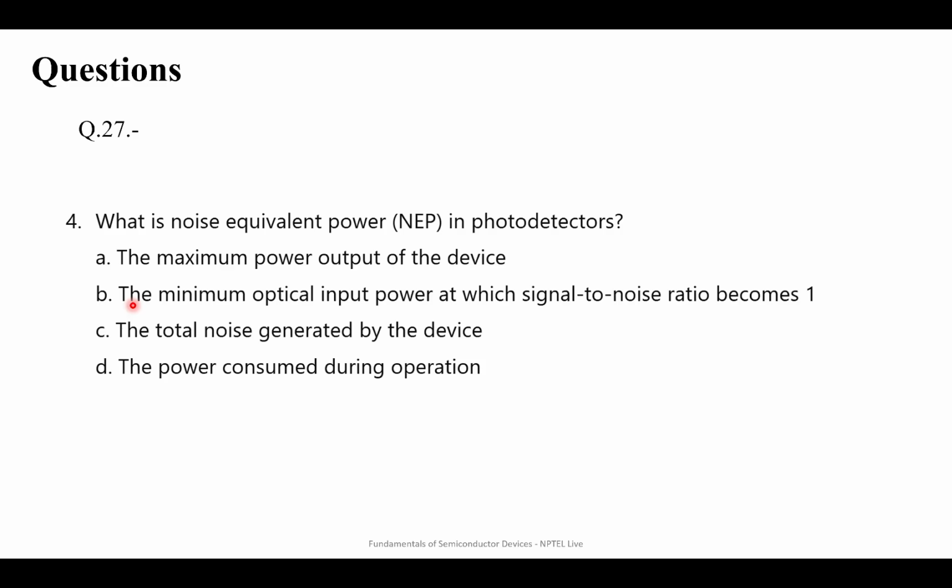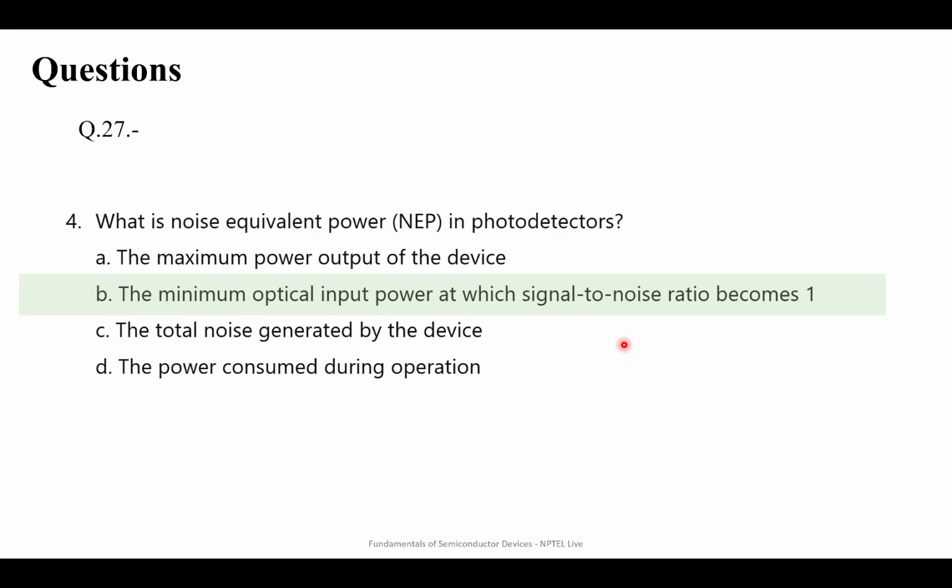So what do you think is the answer? The answer to this is the minimum optical input power at which the signal to noise ratio becomes 1.